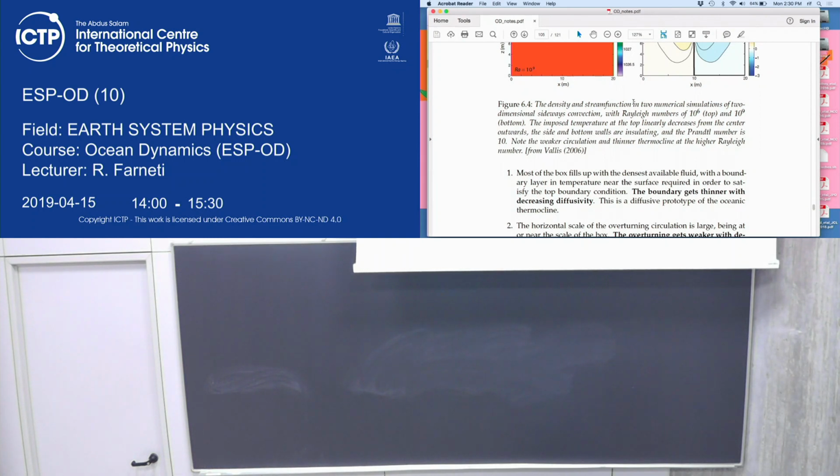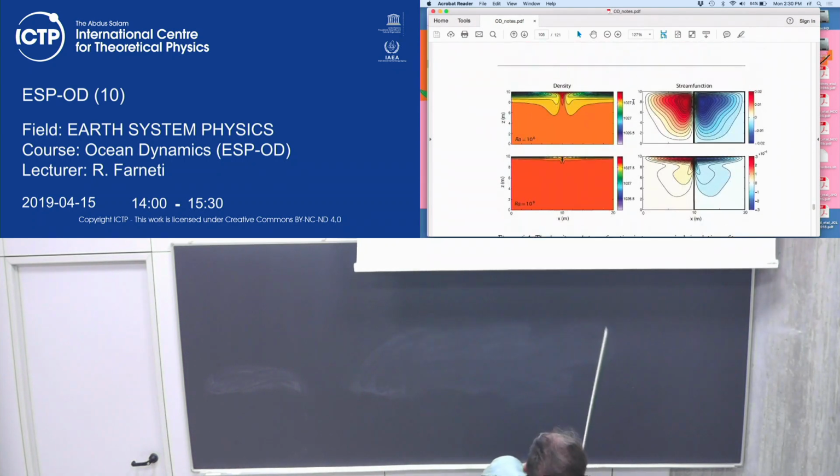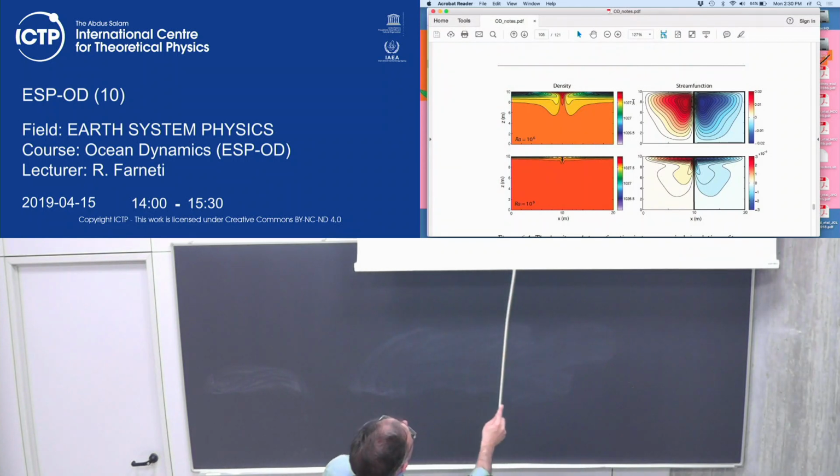That's the coldest, densest water; there's not going to be any colder or denser water because it's set by the boundary condition. And there's a boundary layer in temperature near the surface, similar to the thermocline thickness that we derived.